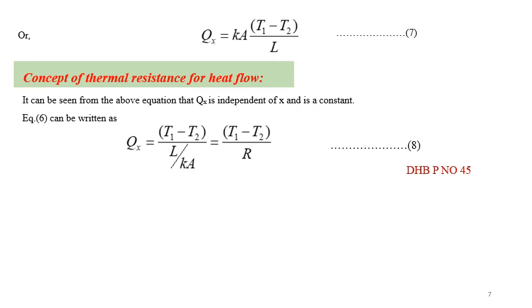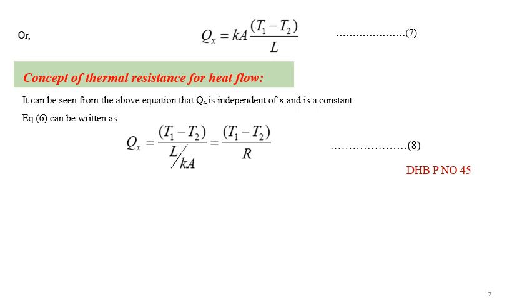Similarly, if you take the same analogy, electric current corresponds to heat flow rate Q. Q is directly proportional to the temperature difference. So Q is equal to temperature difference dt divided by R, where dt is nothing but T1 minus T2. In equation 8 you can see this, isn't it?